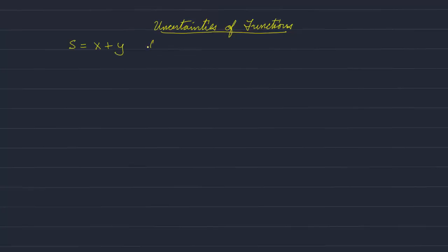If x, when we measure it, has a measured value of x sub 0, and we know it has an uncertainty of delta x, and y is equal to our measured value plus or minus delta y, what then is our uncertainty in S?